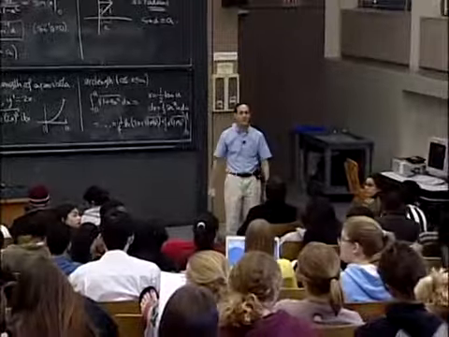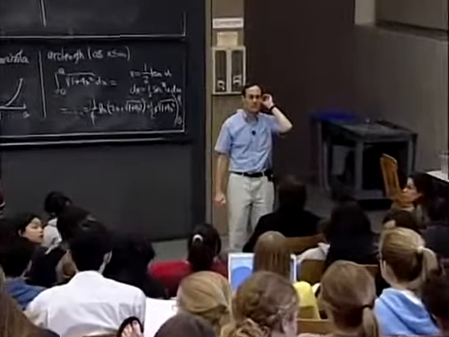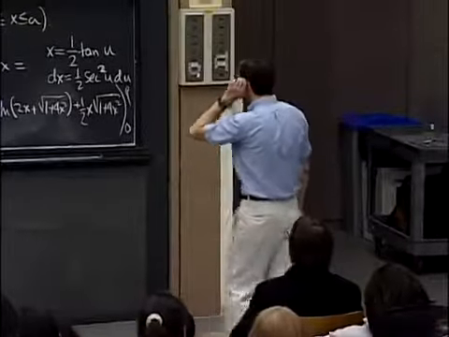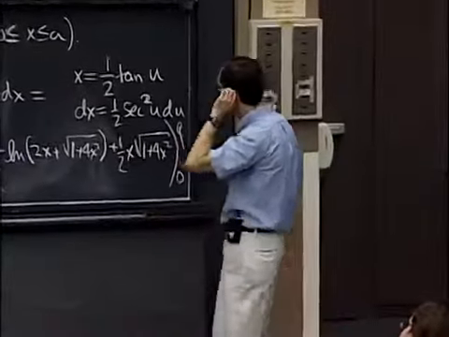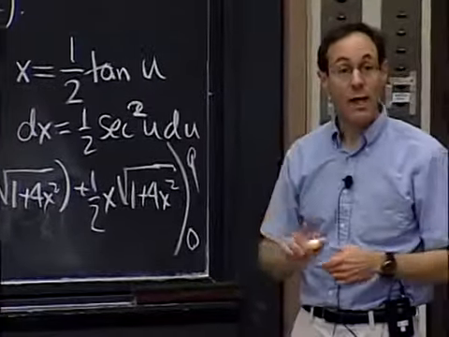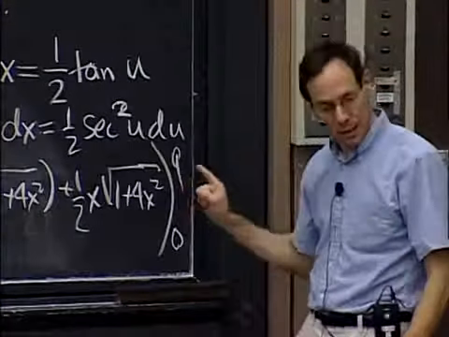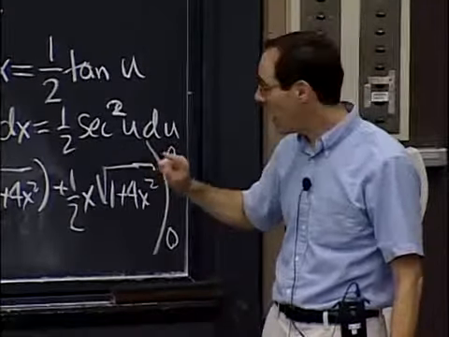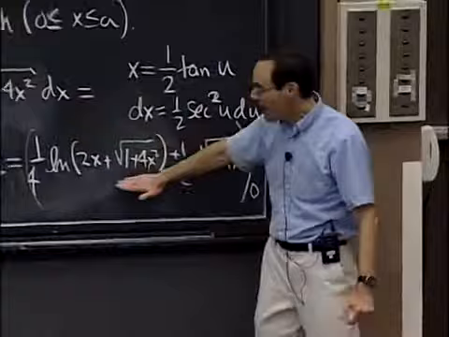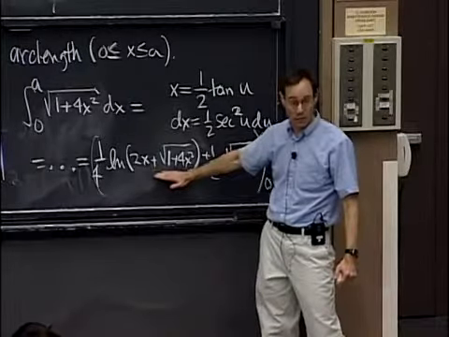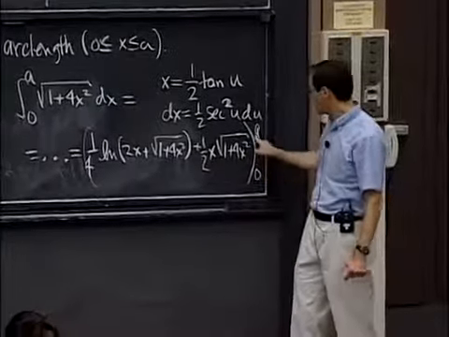When you use the substitution, do the limits from 0 to a change? The question is, when you do the substitution, doesn't the limit from 0 to a change? And the answer is absolutely yes. The limits in terms of u are not the same as the limits in terms of a. But if I then translate back to the x variables, which I've done here in this bottom formula, I have x equals 0 and x equals a.